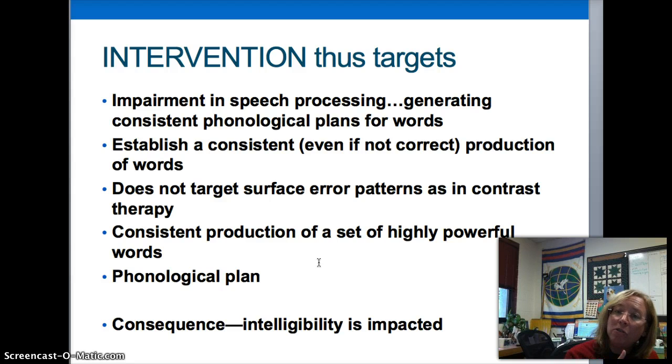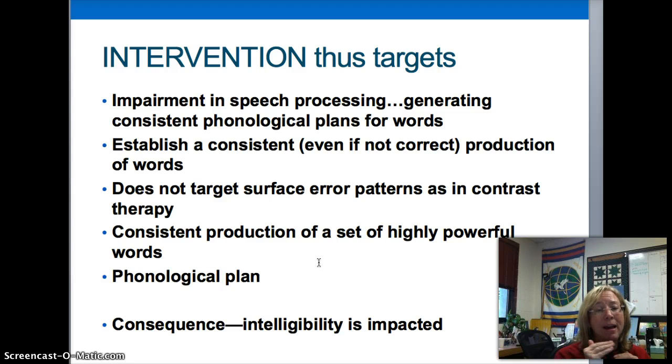We're going to do this not by stimulating listening; we're going to have them consistently produce phonological plans for words. So you as a clinician are going to establish a consistent, even if it's not the exact target, production of the words. You're not going to target the surface errors that we would do in a contrast therapy.